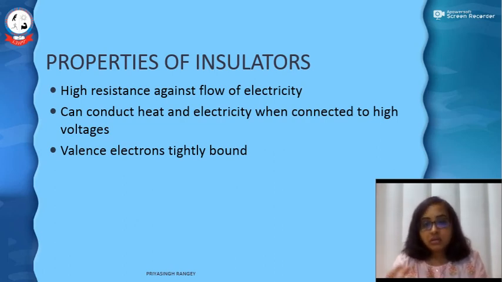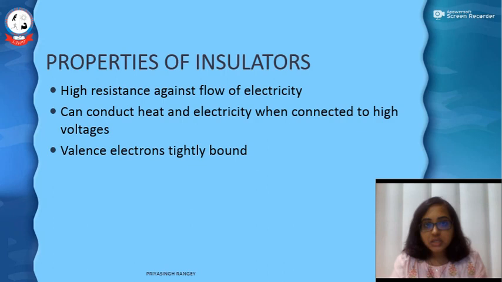And when we connect an insulating material to a voltage much higher than its dielectric strength, the insulating material may change its properties. The electrons may gain the force to get out of the orbitals, and the insulating material may then be able to conduct heat and electricity.